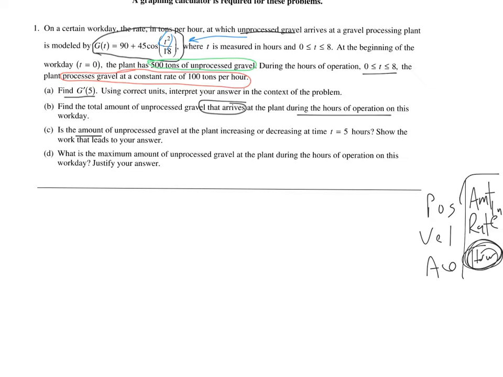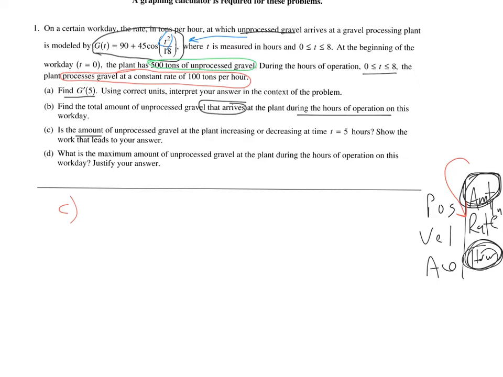So if they're asking, is the amount increasing or decreasing, increasing and decreasing comes from the first derivative. Well, what is the first derivative of the amount? Well, the first derivative of the amount is rate in or rate out. Here's what's great about this, guys. They give us the rate in and the rate out.